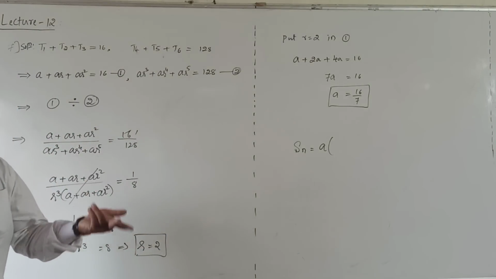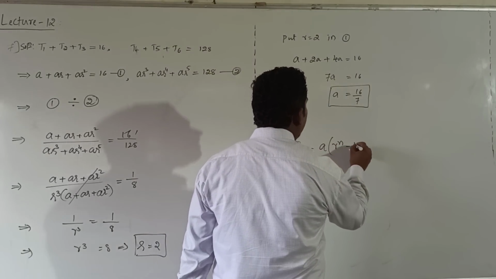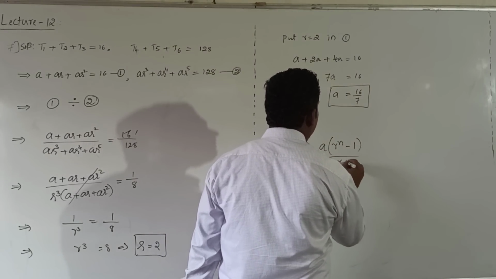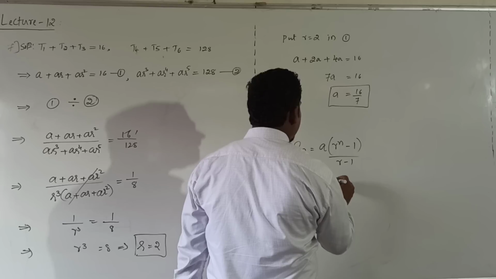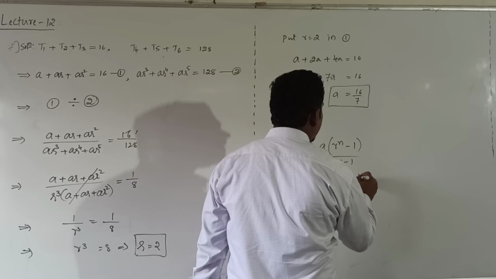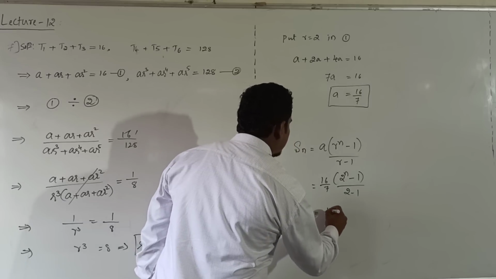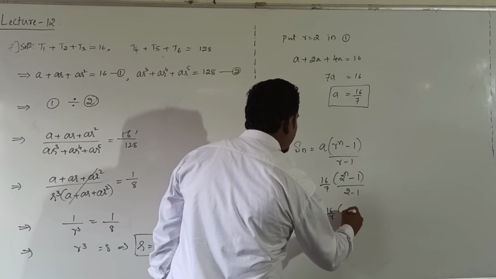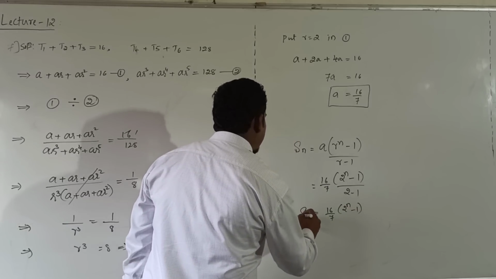Clearly R is more than 1, so Sn is A into R power n minus 1 divided by R minus 1. Then 16 divided by 7, the A value, into 2 power n minus 1 divided by 2 minus 1. After that, 16 divided by 7 into 2 power n minus 1. This is our required sum.